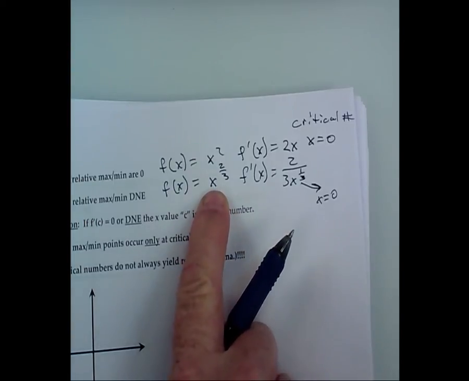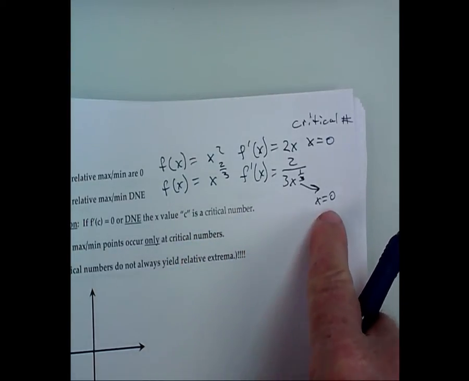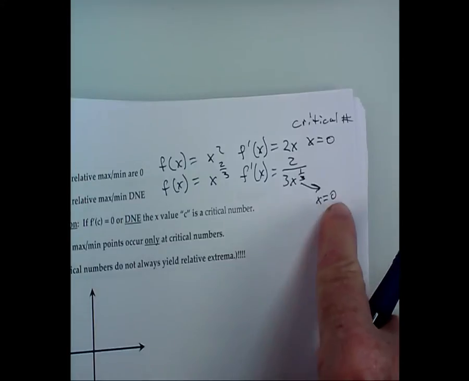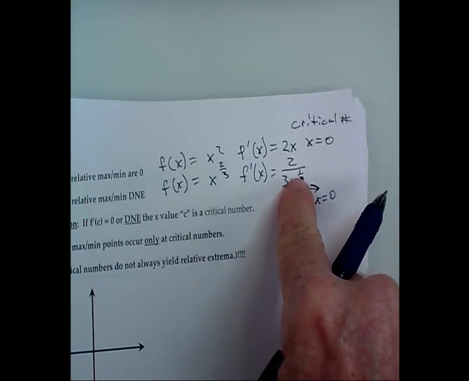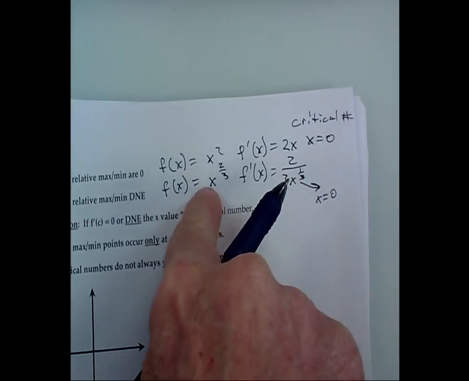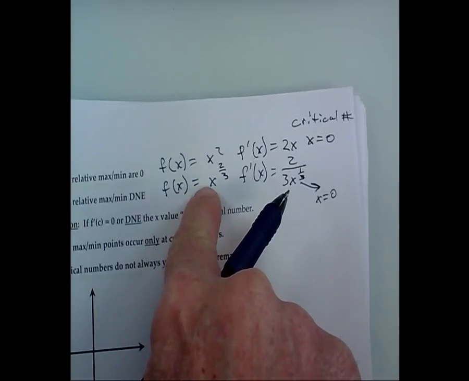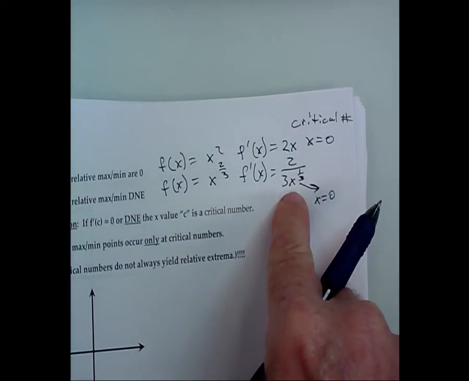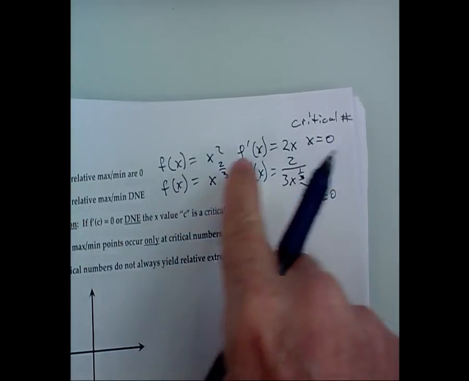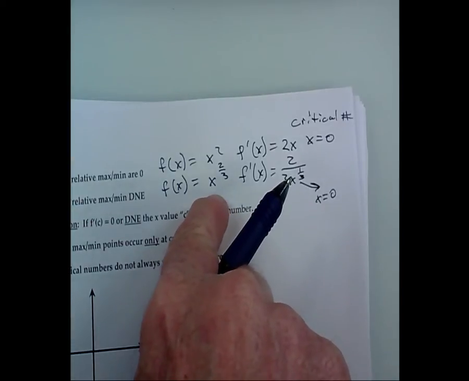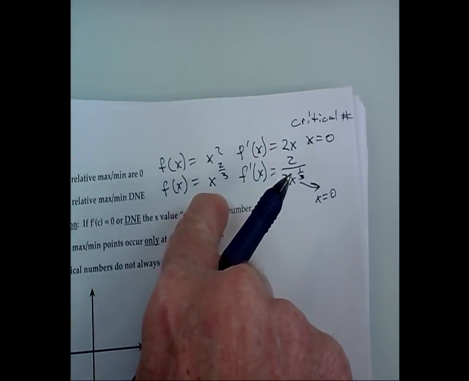So what does this mean? This critical number creates a sharp point, because I can't put 0 into here, but I can put 0 into here. And simply because my denominator is 0, and I can use it here, means it's a sharp point.